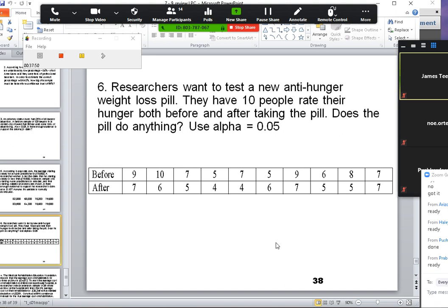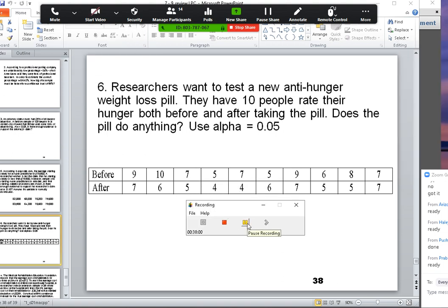Okay, go ahead and take a few minutes to work on this one. A quick question: is this a mean or a proportion problem? Do you see the word mean or average in there? You don't.